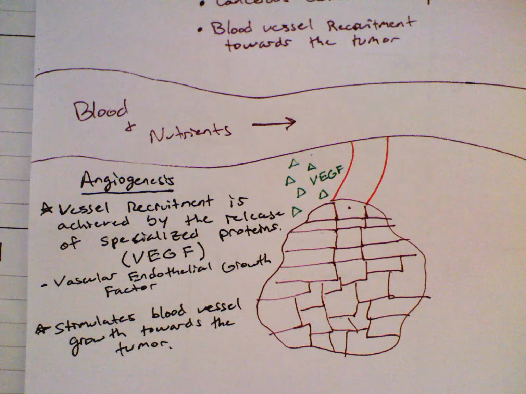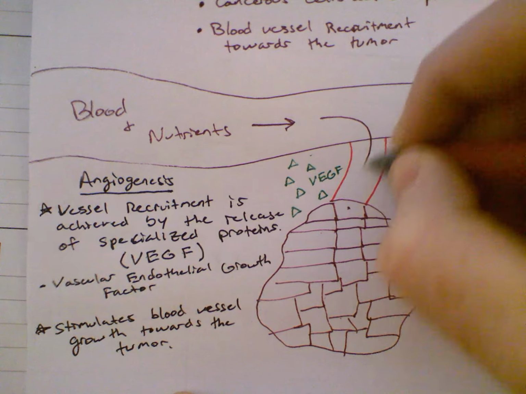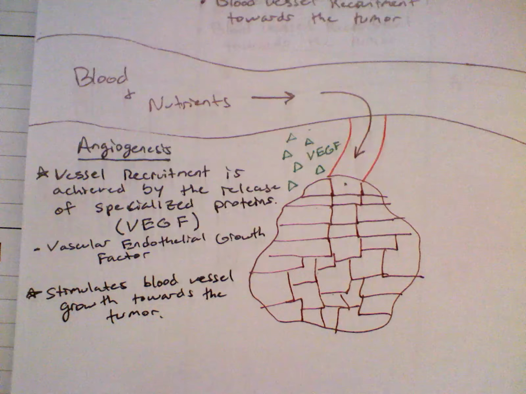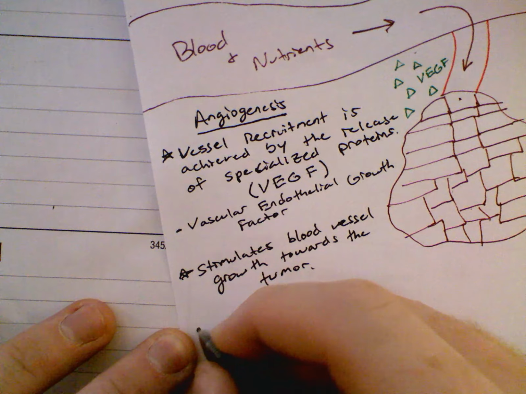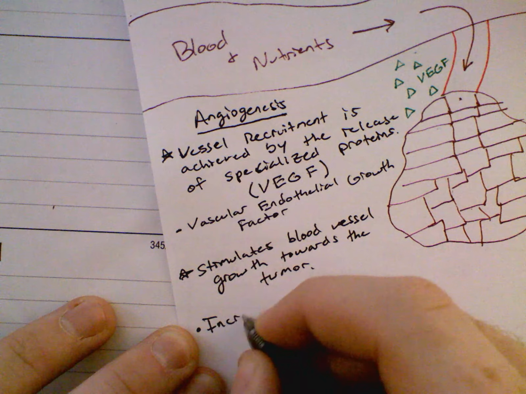So now blood and nutrients are going to be able to come right in here, and we'll start to give these cancerous cells their own blood supply, which is going to allow them to grow even faster, because now they have pretty much an unlimited supply of nutrients and oxygen. So now we will get even faster cell division than we did before. Okay. So this will increase cell division. We will see increased cell division within the tumor.